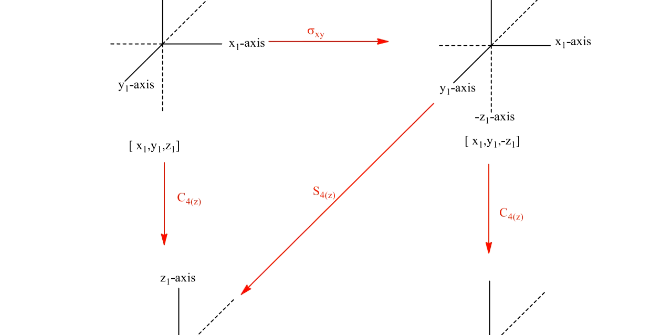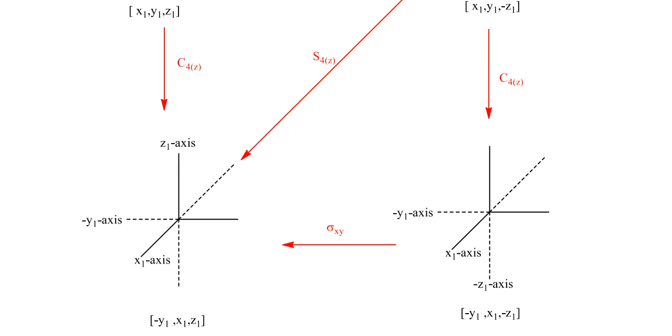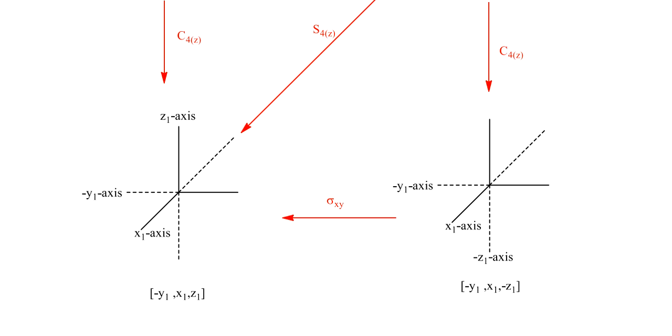Okay, again by rotation C4 along the z axis, that means 90-degree rotation, you can see here it will give minus y1, x1 and minus z1. You can see here x1 is replaced by minus y1 and y1 is replaced by x1.